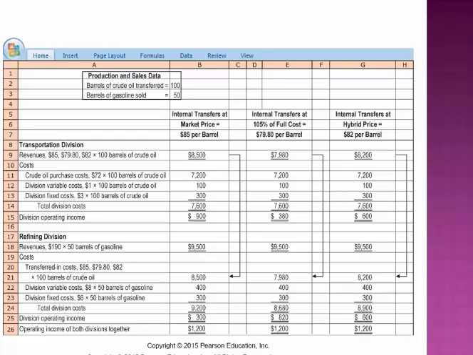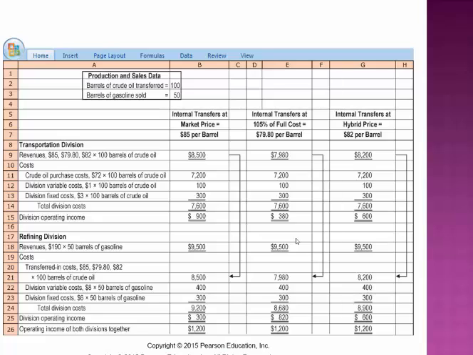They have revenues of $9,500, they have their total division cost of $9,200, and therefore their division operating income results in $300. Alright, so $900 operating income for transportation, $300 in division operating income for the refining division, which results in a $1,200 operating income for the corporation due to both divisions being added together.